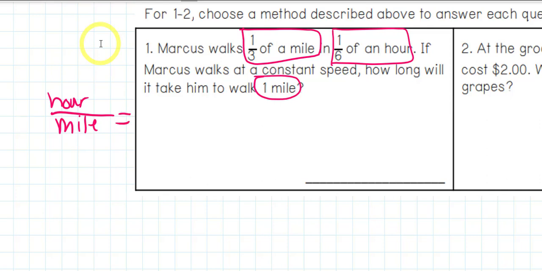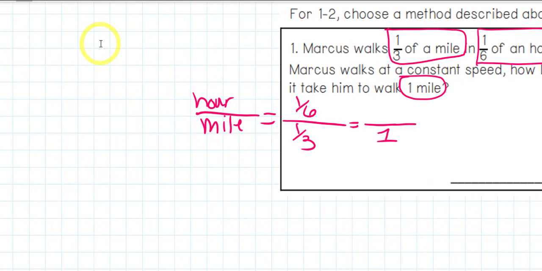Now we simply plug in the information that was given in the original problem. So it was 1/6 of an hour and 1/3 of a mile. Now here, after this, I'm going to still set up my unit rate with a denominator of 1. I'm going to move over here to the side so we can really think about how this is going to be equal to 1.